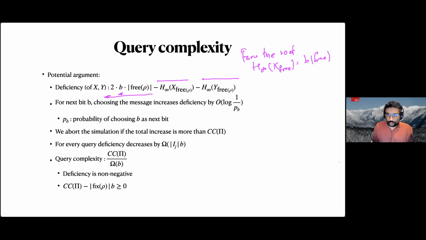So at the root of the protocol, the deficiency of xy is just 0. And the way we have defined it, deficiency is always non-negative, right? The maximum value H infinity of x free can take is b times cardinality free, and similarly for y free. And this can never be negative. This can be 0, which is at the root, but it can never be negative.